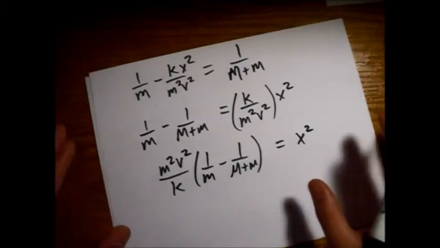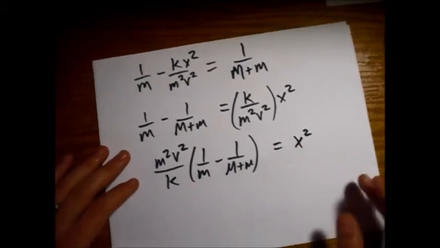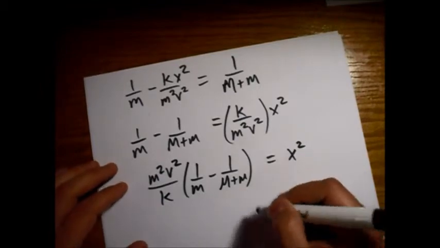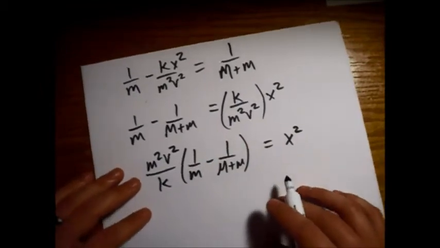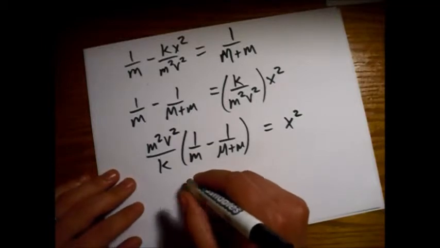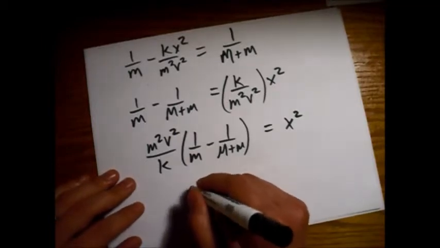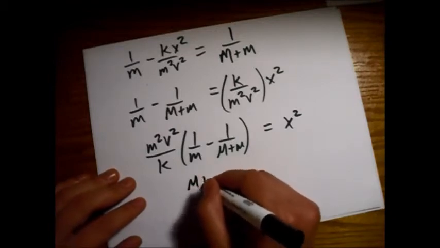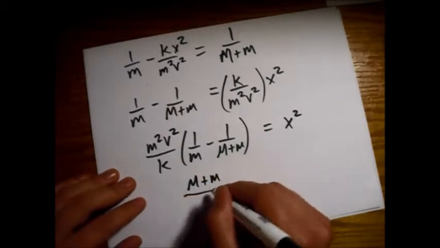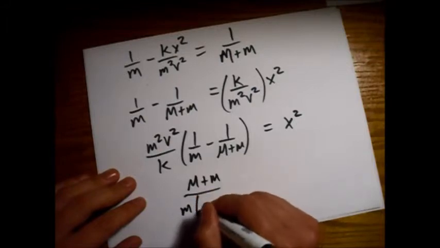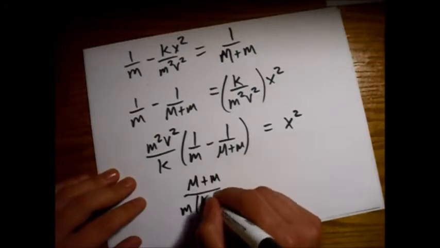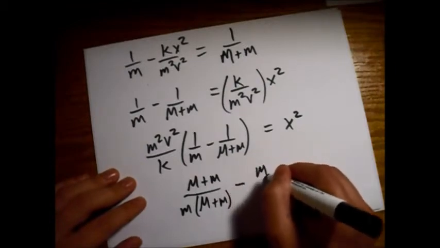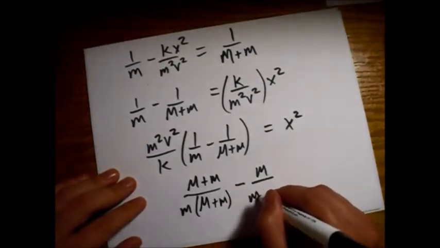Maybe we're able to get this into a little bit of a better form by messing with this fraction here. So say we just look at this fraction inside. We have a big M plus little m over little m times big M plus little m minus m over that same thing.